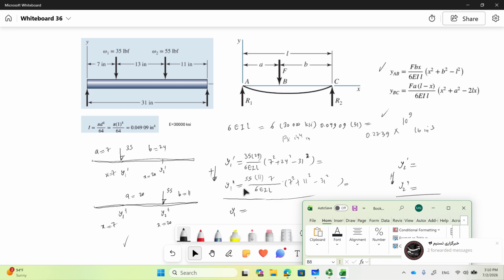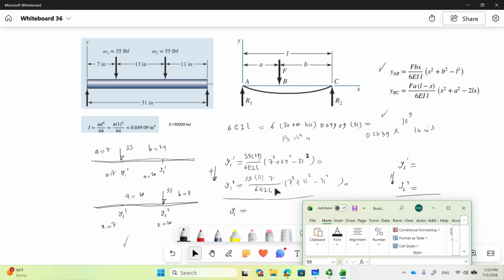Yeah, y1 double prime, 55 times 11 times 7, 6EIL, 7 squared, 11 squared, yeah, 20, 20 and 11.